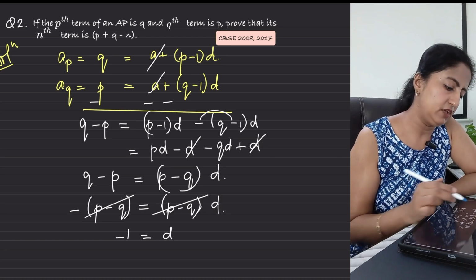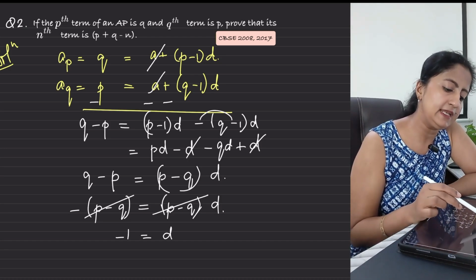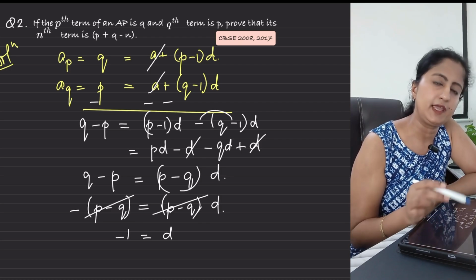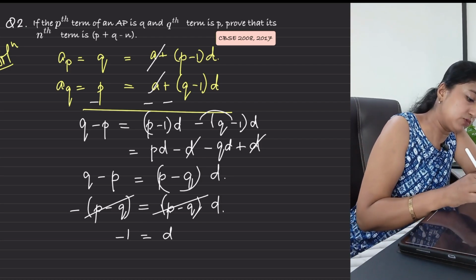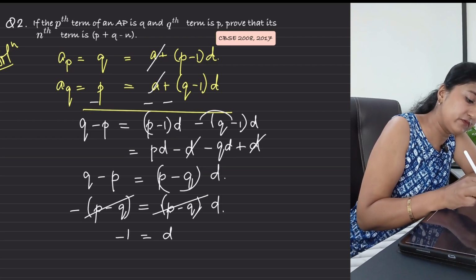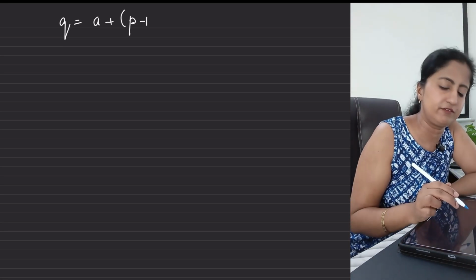Now we need to find the value of A, which I'm going to substitute in either of the initial equations. So let's start with that. We have Q equals A plus P minus 1 times D, and the value of D that came out was negative 1.